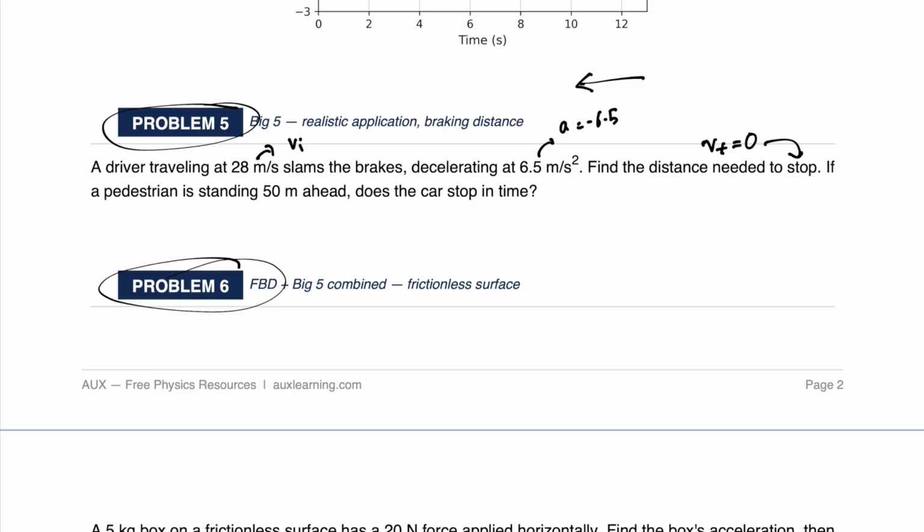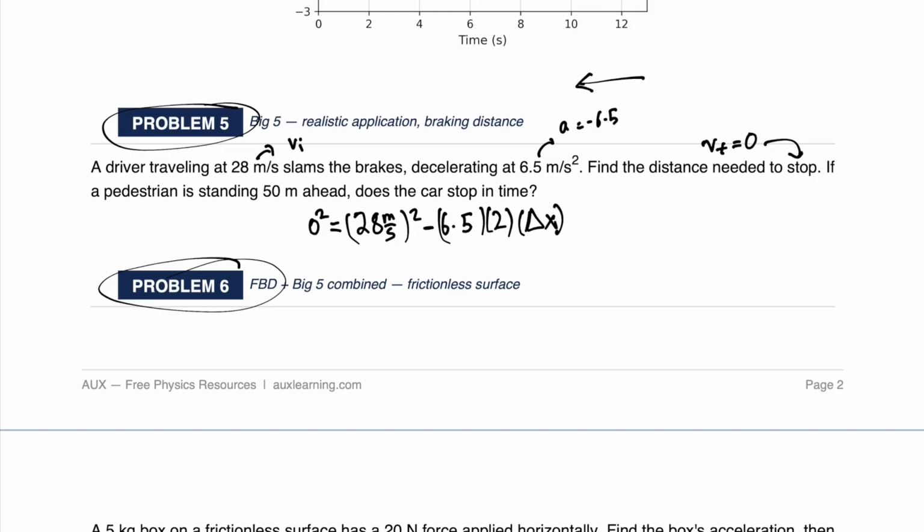We can use Vf squared, 0 squared, is equal to Vi squared, (28 meters per second) squared, minus 6.5 times 2 times delta x. So you solve that equation.